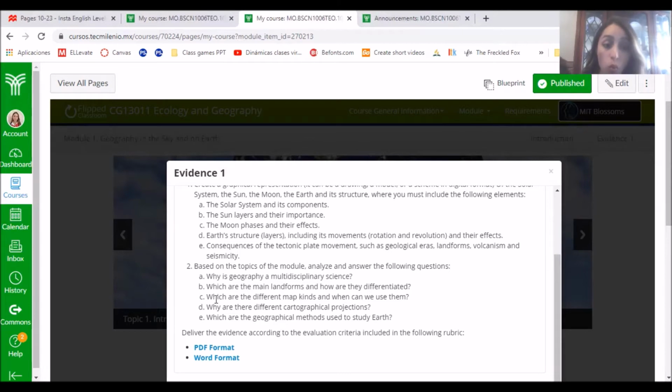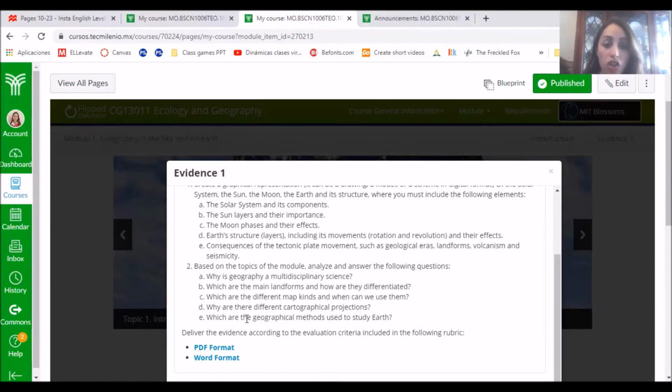The letter C, which are the different map kinds and when can we use them? You can find that on topic number 2 of this module. D, why are there different cartographical projections? Okay, so you're going to explain the reason why we need different types of map projections, which also you can find on topic 2.